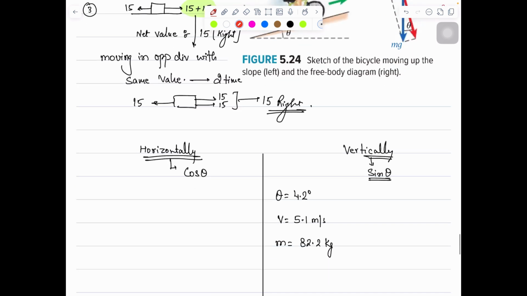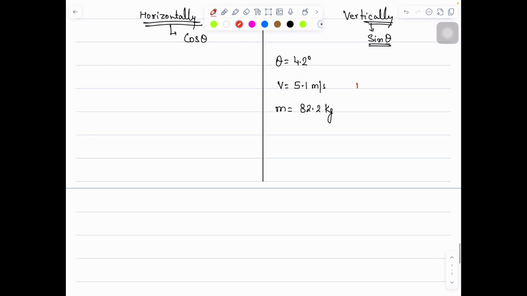Now you just need to find the power. Simple equation. Power is equal to. So what are you going to apply? See guys, you have the velocity, you have the mass, you have the angle theta. Think. You have a number of equations. Simply, we know force times velocity.